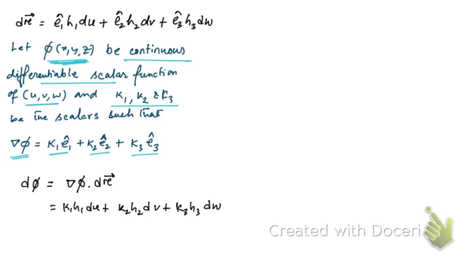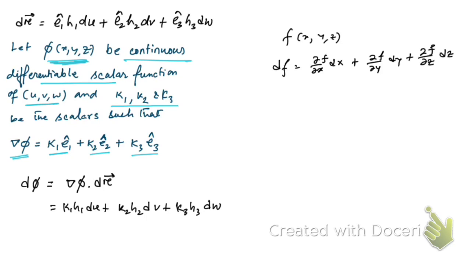Now, as I have already told you, if f is a function of x, y and z, then we can write df is equal to del x of f dx plus del y of f dy plus del z of f dz.